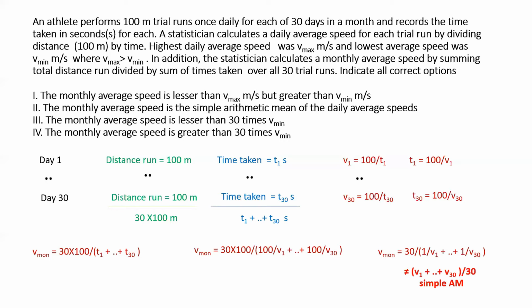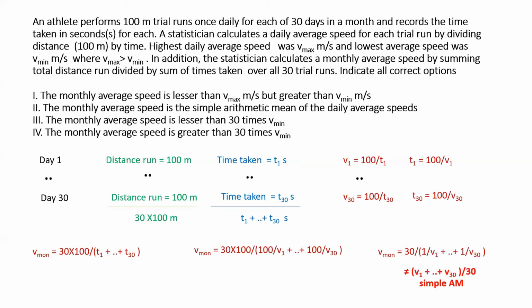One of the things given in the problem, which may seem a little bit obvious, but it clarifies this, is that Vmax is greater than Vmin. To some, it may appear an obvious statement because the maximum should always exceed the minimum. It should in general, except in a very special case when the daily average speeds for all the days are equal, meaning that each day the daily average speed of the athlete is exactly the same.